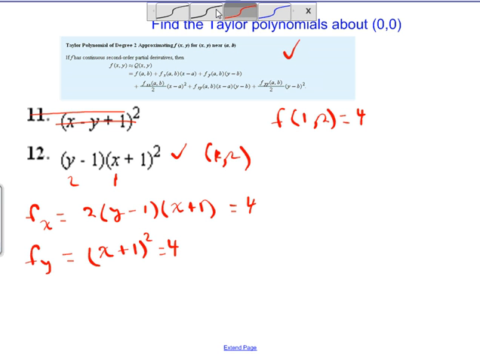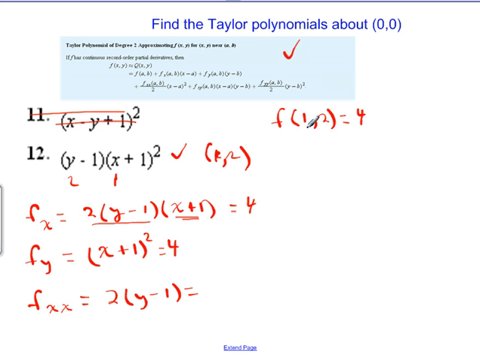Okay, now we need to take the second order partial derivatives. So f partial xx: this is just a constant, so we're times the derivative of this function, it's just going to be 2y minus 1. And when we plug in our point, 1, 2, we get a value of 2.